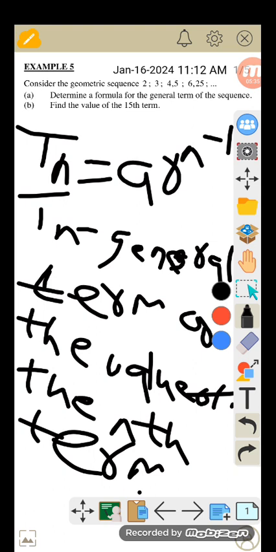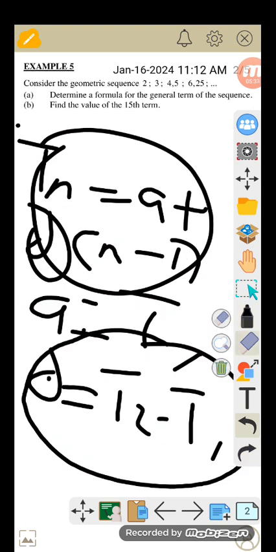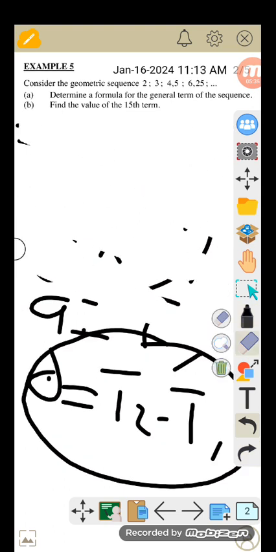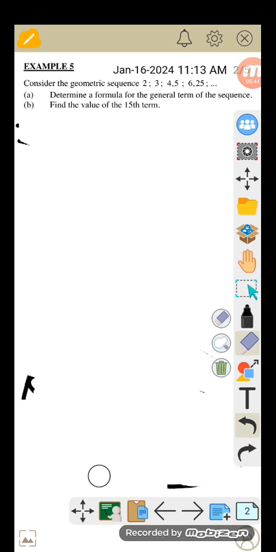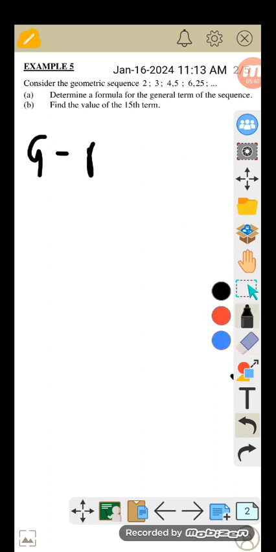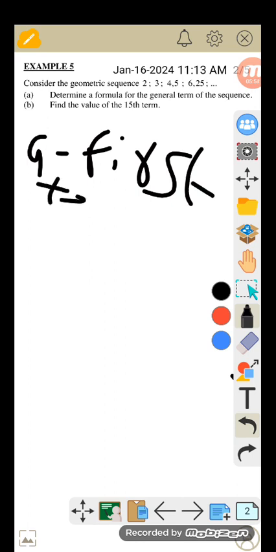You see, guys, and where our A is our first term. You know that, guys.